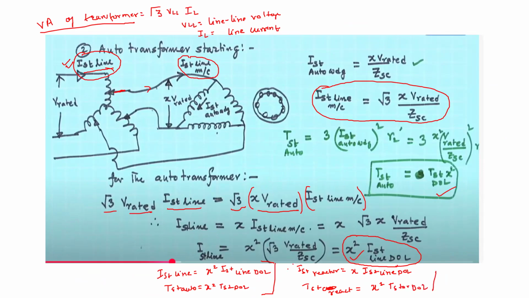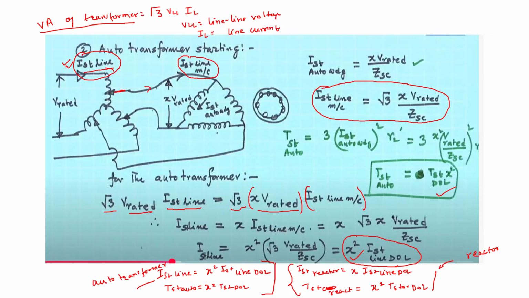So this is for the reactor and this is for the auto transformer. But you can see that here we are losing in torque capability, right? Starting torque is also getting reduced.